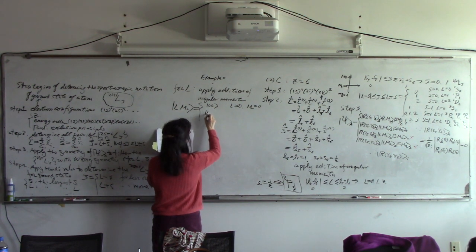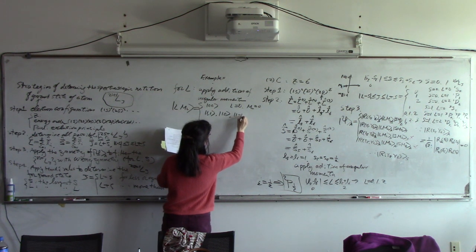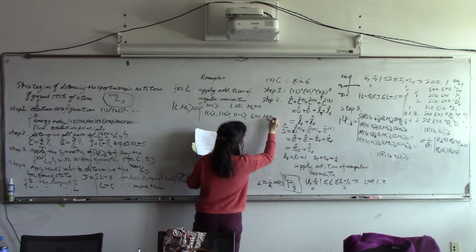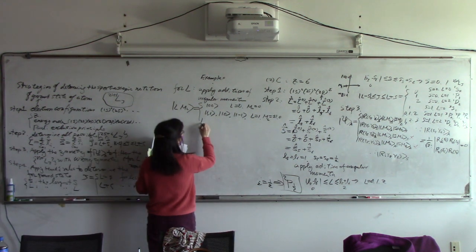Second one is L equal to 1. So we have how many states? 1, 1; 1, 0; 1, minus 1, right? So that is for L equal to 1. M_L is plus or minus 1 and 0. 3 states. Then the next one is L equal to 2.